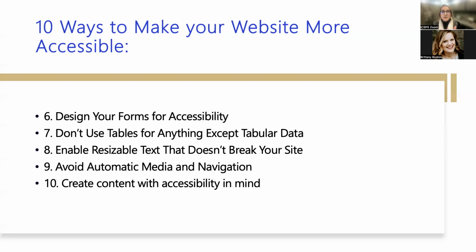To even more specific points, make sure that you give all unique things on your website, like hyperlinks, unique names. If you have descriptive names or descriptive buttons that lead us to other pages, we want to make sure that those all have unique names. So that content labeling is also huge for creating content with accessibility in mind.